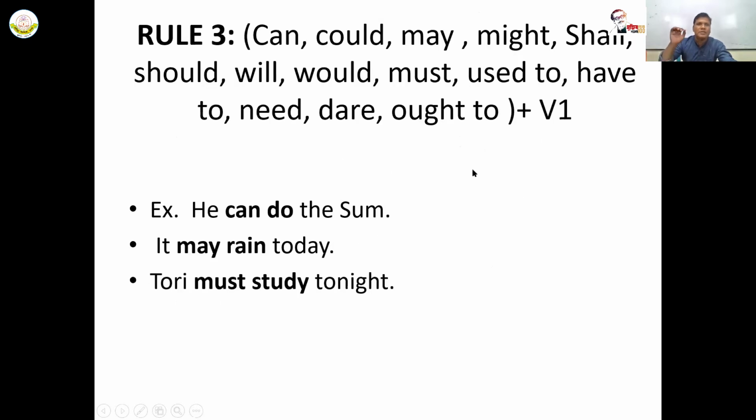So rule 3: can, could, may, might, shall, should, will, would, must, used to, have to, need, dare, ought to will take the base form of the verb, that means verb 1. For example, he can do the sum.